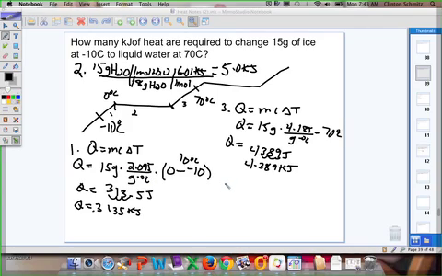So we'll take step 1, which is 0.3135 kilojoules, plus step 2, which is around 5.0 kilojoules, plus step 3, which is 4.389 kilojoules. If we add all that together, we end up getting around, if we just go to the nearest tenth, 9.7 kilojoules. So the answer for this problem, to go from -10 to 70, it would take 9.7 kilojoules.